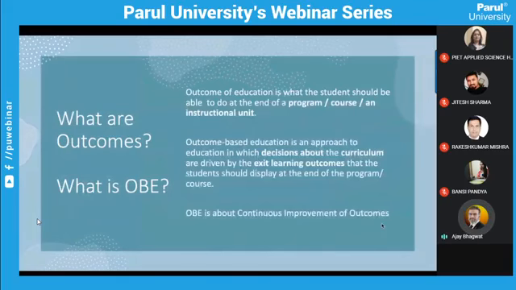So we discussed this concept of what outcome-based education is, how the decisions about the curriculum are driven by the learning outcomes of the students who achieve those outcomes at the end of every course and at the end of their program. Obviously, these course and program outcomes are being continuously gained or achieved by them over a period of time.